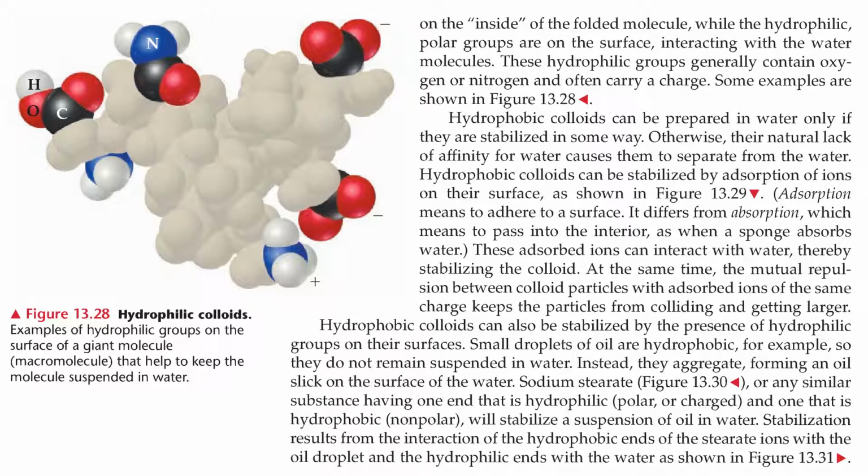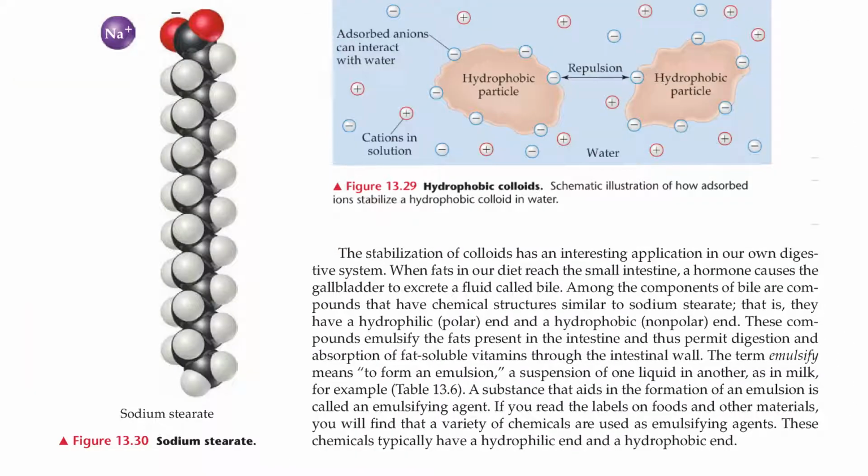Stabilization results from the interaction of the hydrophobic ends, the stearate ions, with the oil droplet, and the hydrophilic ends with the water, as shown in Figure 13.31. Figure 13.29, Hydrophobic colloids. Schematic illustration of how adsorbed ions stabilize a hydrophobic colloid in water.